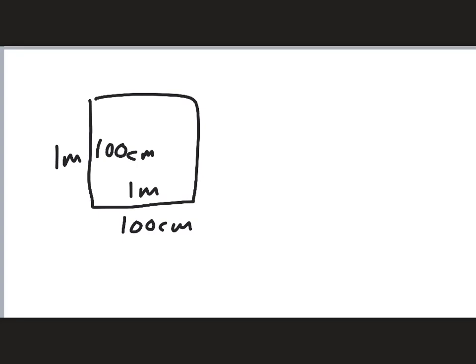And I just wanted to quickly review how to do that kind of conversion. So let's say we have a square and it is 1 meter by 1 meter. Obviously, the area of that square is going to be 1 meter times 1 meter, length times width, or that would be just 1 meter squared.